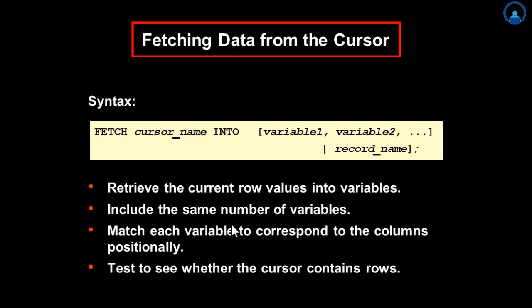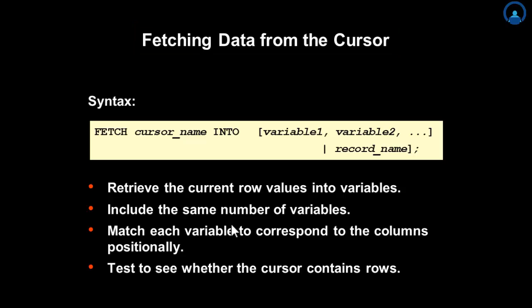The FETCH statement retrieves the rows in the active set one at a time. After each fetch, the cursor advances to the next row in the active set. The syntax is FETCH cursor_name INTO variable1, variable2 or record_name.